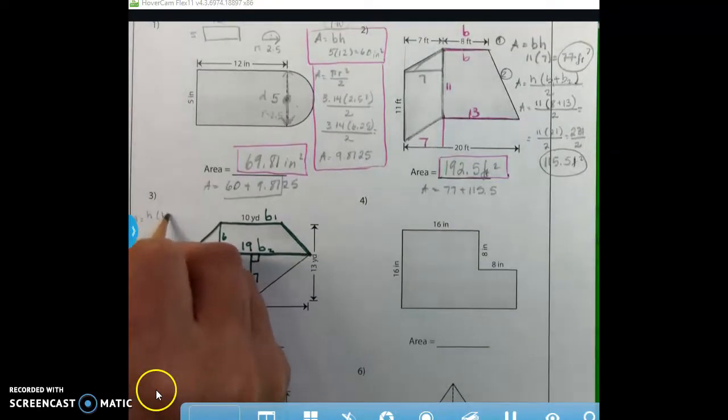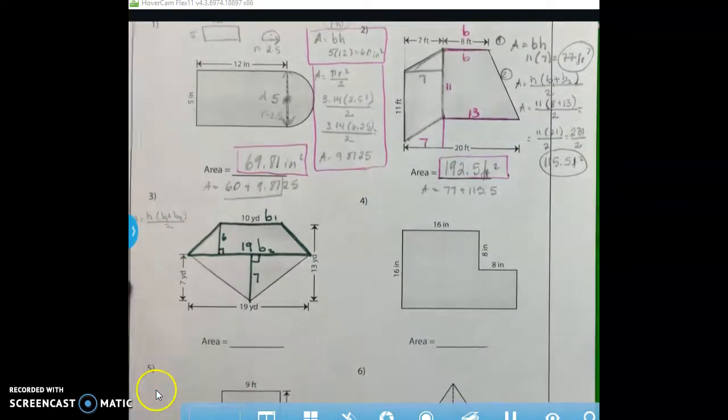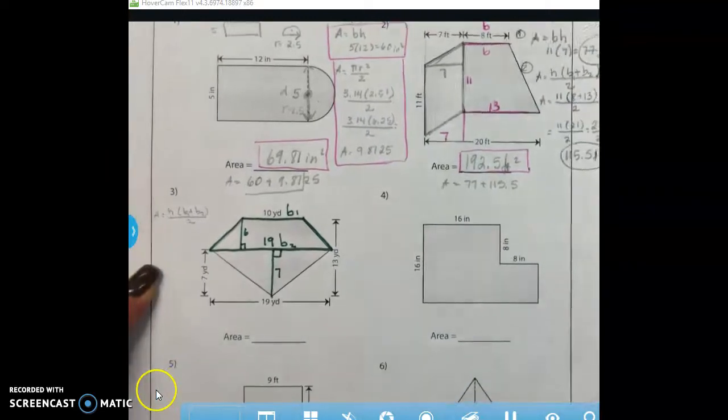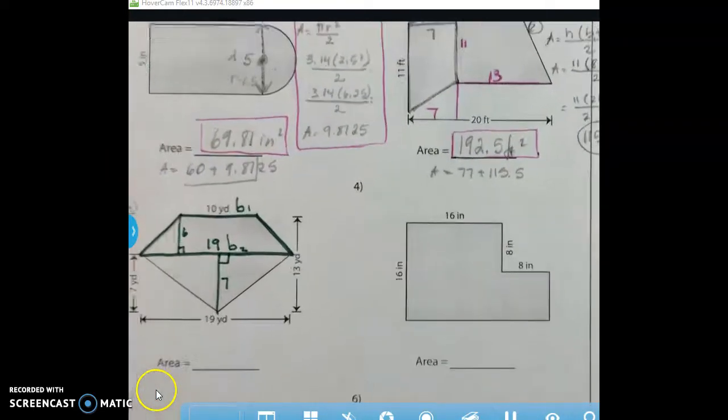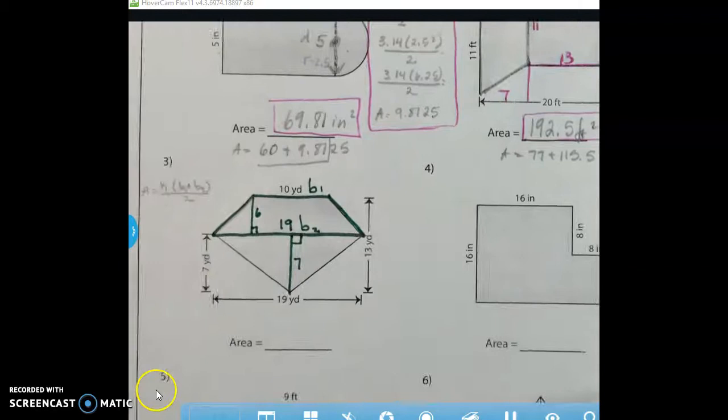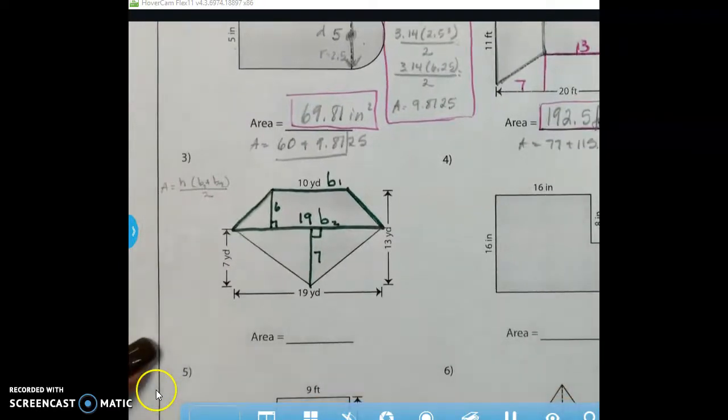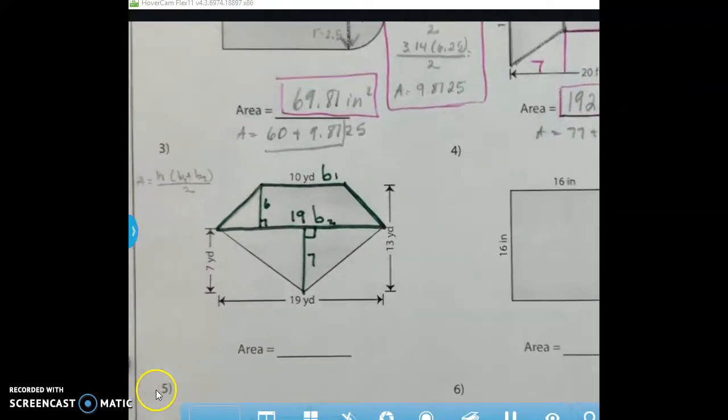Height, base 1 plus base 2, divided by 2. So let's plug in our numbers. Let me shift it here and kind of enlarge the picture so you see what I am writing. So here we are.